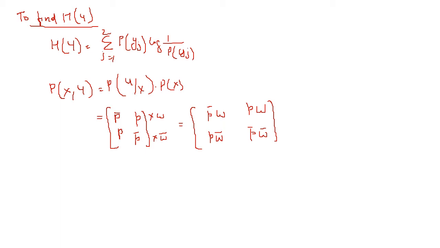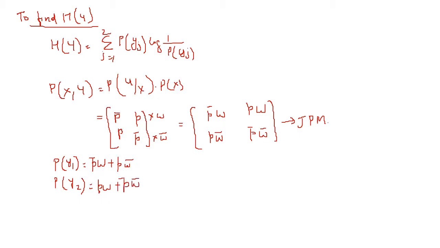So this is the joint probability matrix. Now, P of y1 and P of y2 is addition of columns. So, P of y1 is nothing but p bar W plus p into W bar, that is addition of first column. P of y2 is nothing but p into W plus p bar into W bar.